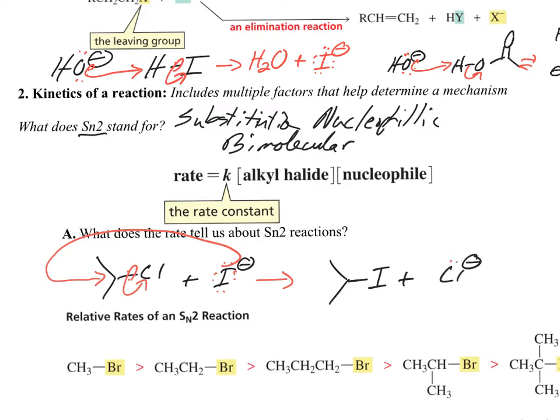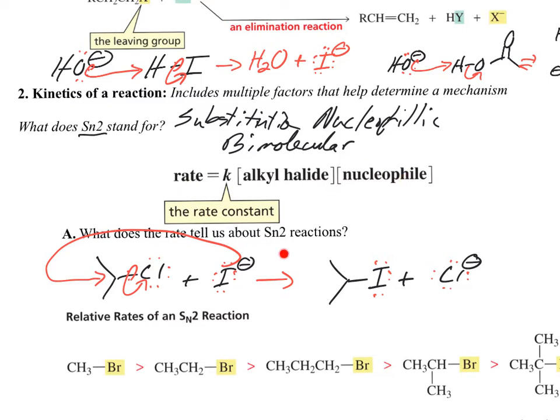We, of course, balance our charges, adding some lone pairs. But the point is, both the nucleophile, which was the I minus, and the alkyl halide, the thing that's bound to a halide (halides are fluorines, chlorines, bromines, and iodines), both things were involved in the rate determining step. There's only one step, so both things were involved.